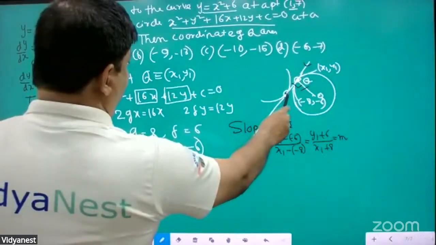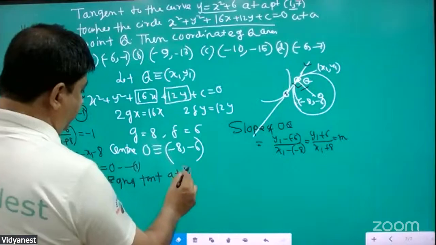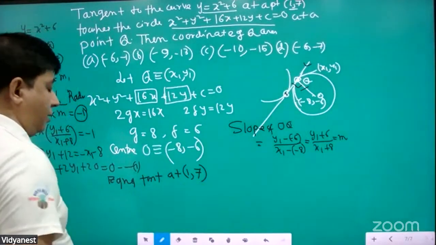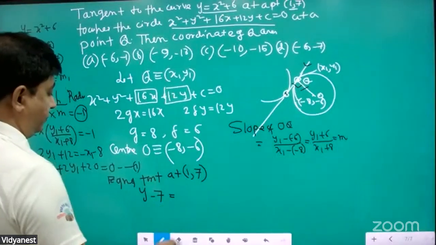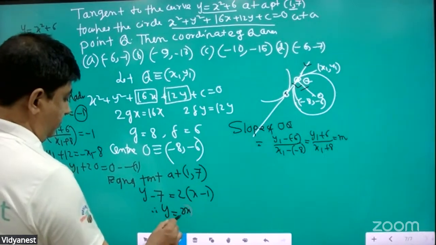Now the equation of the tangent at 1, 7 is what? y minus 7 is equal to 2 times x minus 1, that is y equal to 2x plus 5.